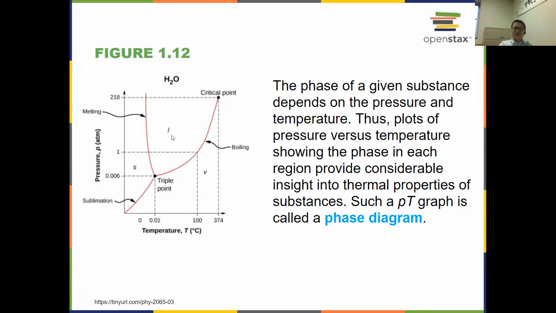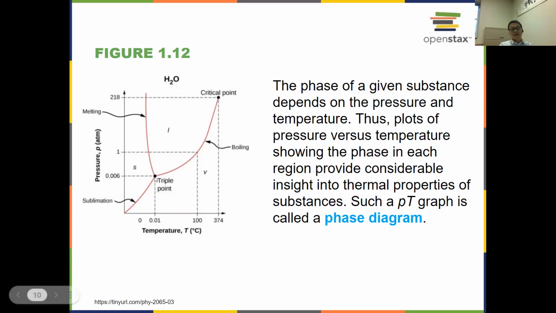Okay? If your condition is over here at certain temperature and pressure, then you'll find it's in liquid state. Over here, you get vapor for H2O. Now, there's some cases the three could coexist as in this case. So this is called the triple point. Okay? In this case, solid, liquid, and vapor H2O could coexist at the same time.